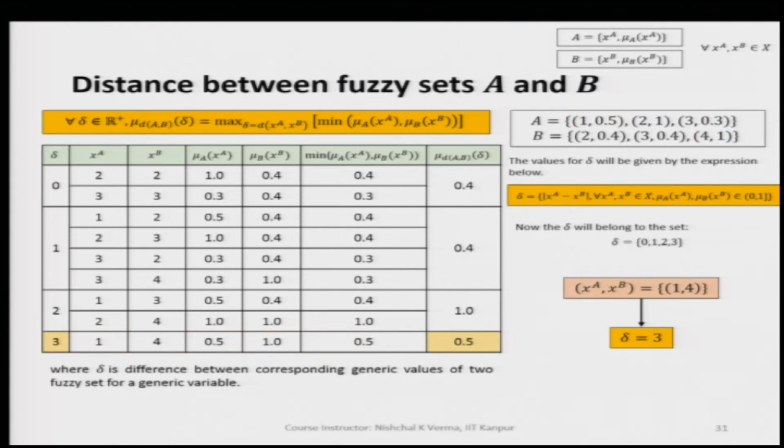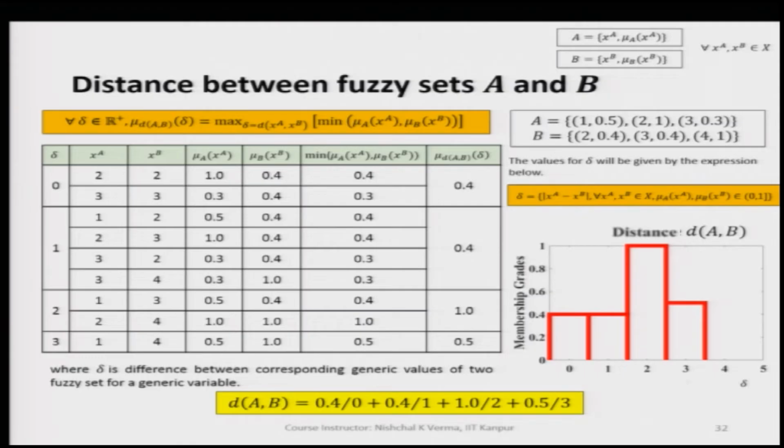So, now we understood how we fill this table, which is going to help us in making the fuzzy set which is giving us the distance between two discrete fuzzy sets A and B. So, now we can use this delta.